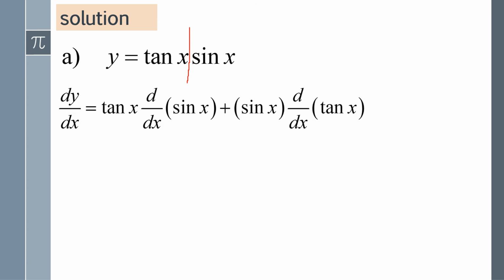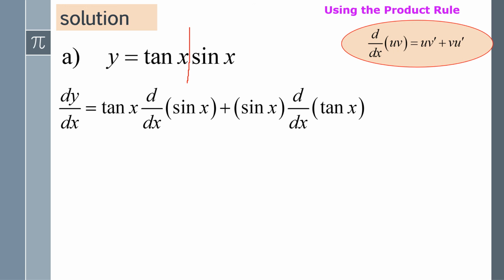Now, if we take tangent x, then we differentiate sin x, and if we take sin x, we differentiate tangent x. By using the product rule formula, we have d/dx equal to uv prime plus vu prime. Next, we let u be equal to tangent x, differentiate tangent x, we get secant squared x.